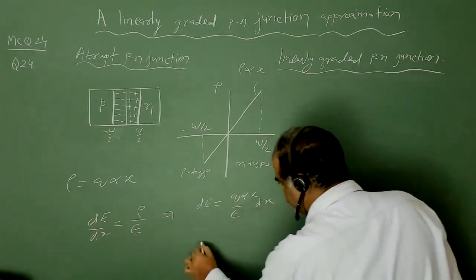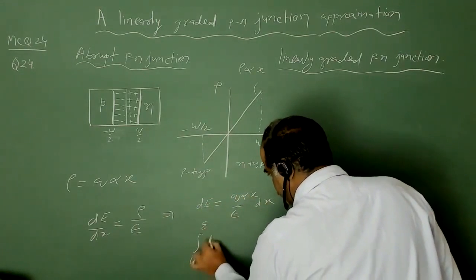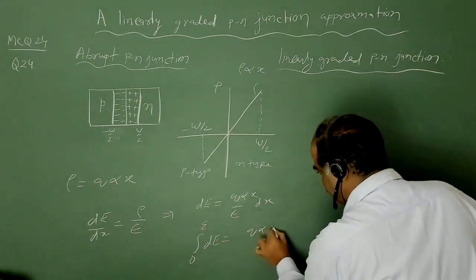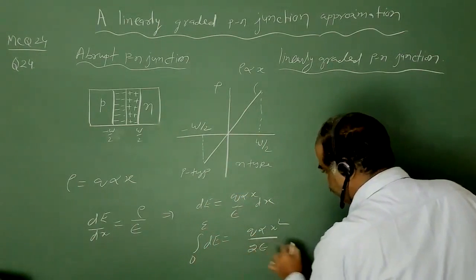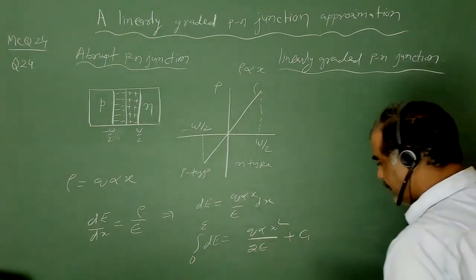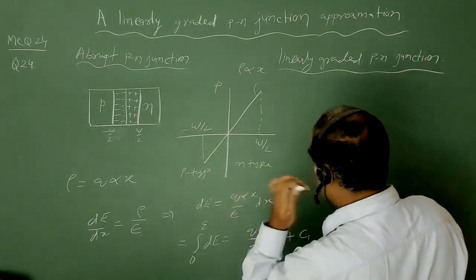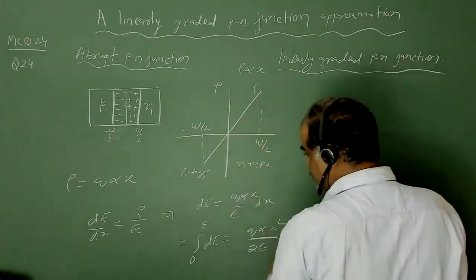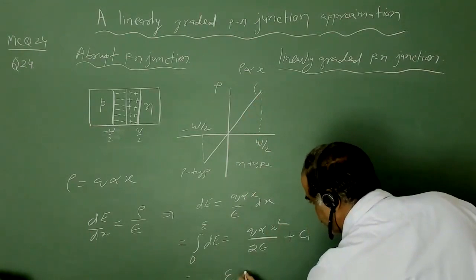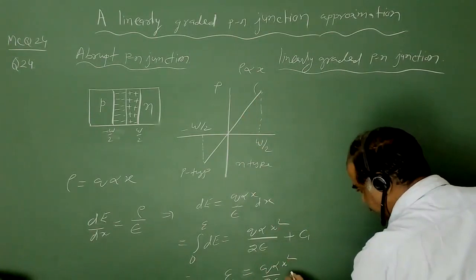If I integrate this equation, this will give me q alpha x square upon 2 epsilon and a constant. I know at w by 2 the charge density is 0, so E will be 0. So the electric field will be given by q alpha x square by 2 epsilon plus c1.